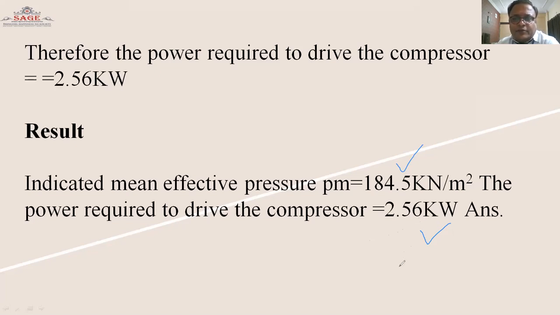The pressure P1 is 1 bar, converted into 100 kilonewton per meter square. In the bracket, P2 by P1, the delivery pressure, is 6.5 bar upon 1, to the power of n minus 1 by n, with n equal to 1.35, multiplied by P1 V1 and n upon n minus 1.